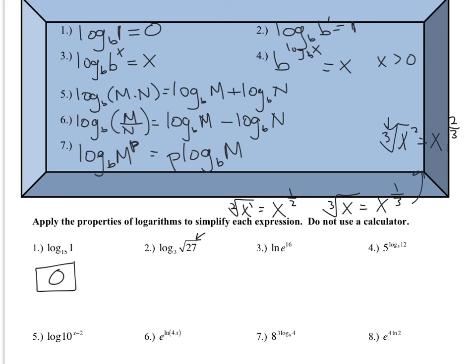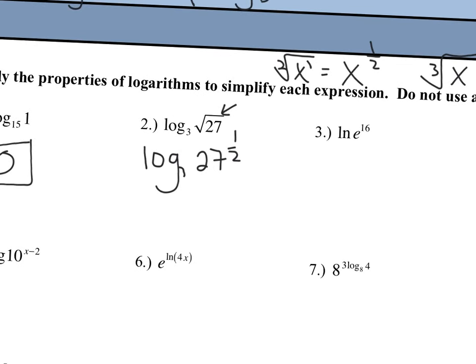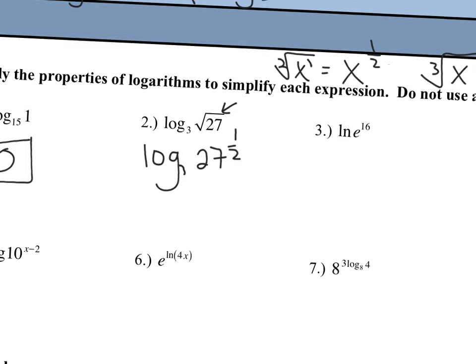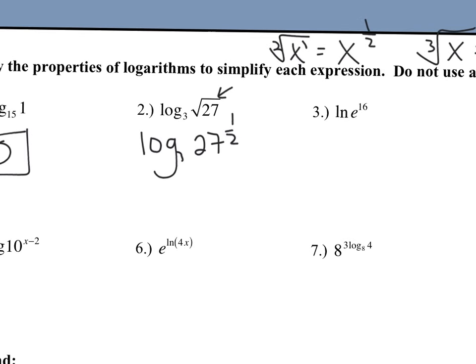So for this number 2, I'm going to rewrite the square root as 27 to the 1/2 power. Zoom in a little bit. Let's see, a couple different properties you can use here. You can use the product property or the power one. I'm going to rewrite the number 27.